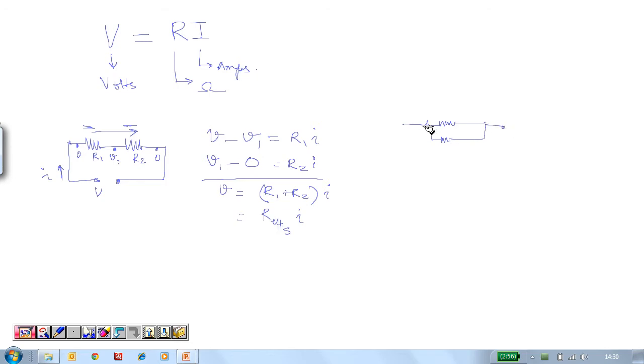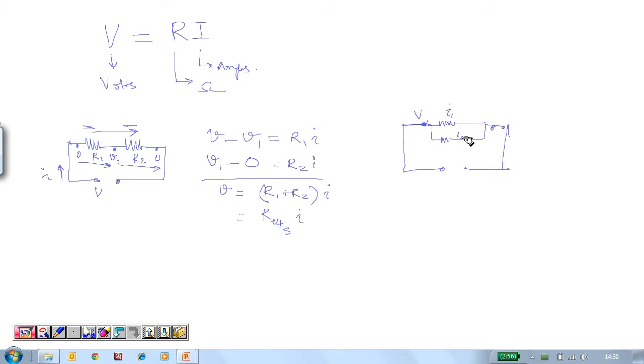Now we can have a slightly different scenario where instead of being in series, they are in parallel. In the previous case, there is a voltage drop from V to V1 and from V1 to 0, and the current was the same. In parallel, the voltage drop across the two resistors is exactly the same, and it is the current that changes.